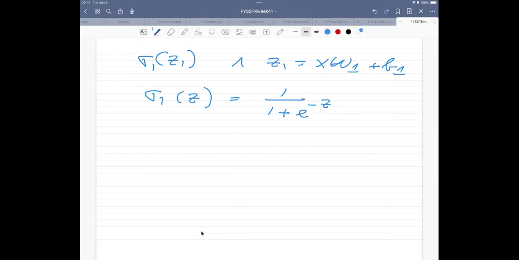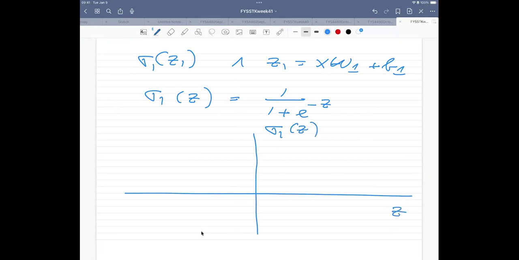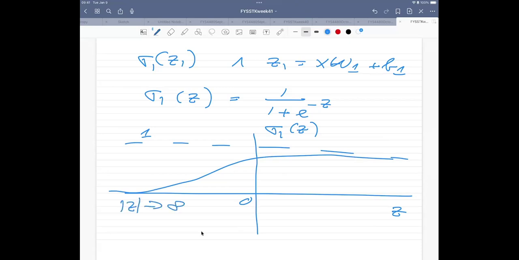Now, the thing which is particular with this function, which you see immediately if you plot it, so sigma 1 of z here, so we have 0, and then we can put 1 here, is that this behaves something like this. So this is my best attempt at plotting this function. My drawing skills are pretty bad. Anyway, what you notice now is that when z becomes large, then this function sigma 1 of z goes to 0.